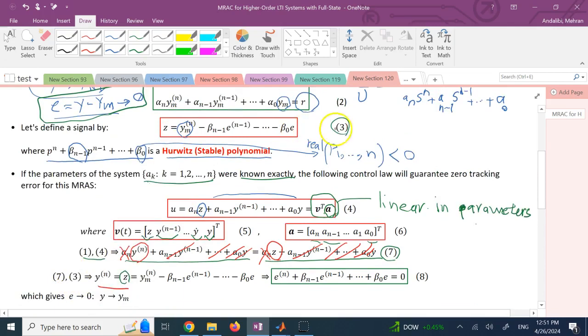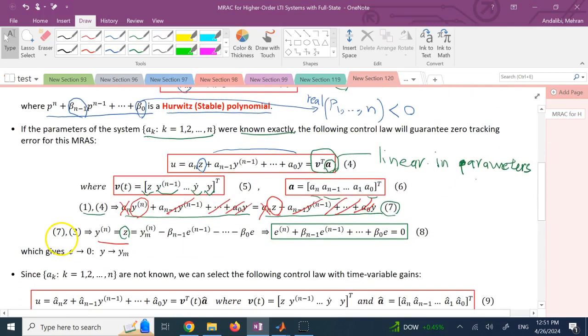Now it's time to plug in the relation from 3, so it's ym nth derivative minus all of these beta terms. And now, if you bring all of these terms to the left-hand side, y nth derivative minus ym nth derivative becomes e to the nth derivative of error, and then all of the other beta terms are going to be added, and you get equation 8, which is your error dynamics equation.